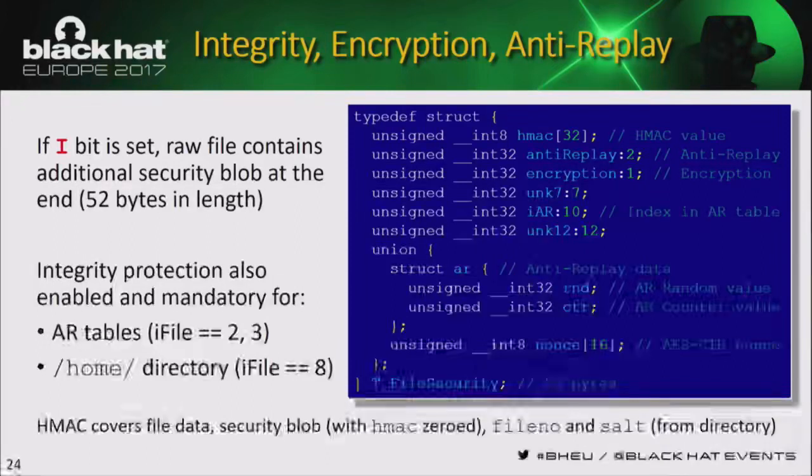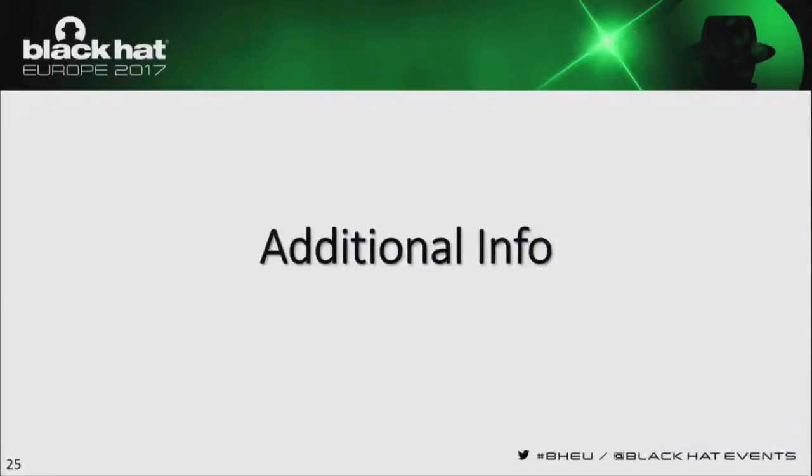And also, the file number and the salt that was extracted from the directory are involved in the calculation of HMAC. So you just couldn't swap two files, because they have different file numbers, and you couldn't manipulate them easily. You need to know the HMAC key, which is secret.